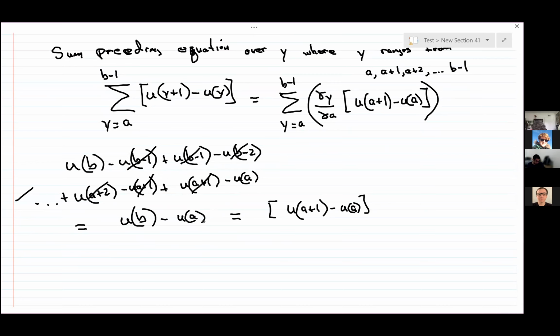Getting a little fussy here. Let's see if I can write this in a way so I don't lose stuff. So I'm factoring that out, but I could also factor out the gamma of a because that doesn't depend on y either. That's still on the bottom. And what's left is a sum over gamma y, where y is going from a to b minus 1.